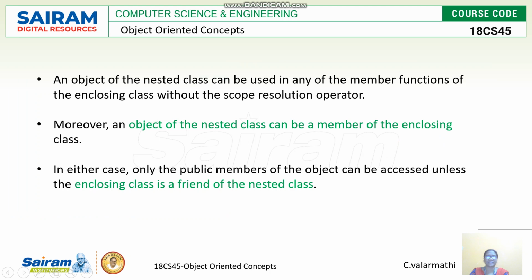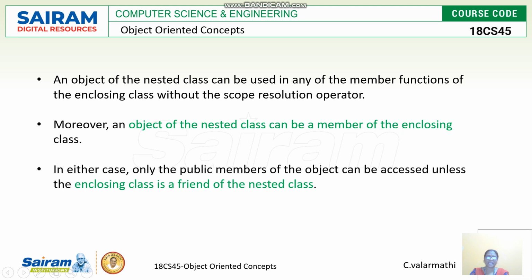So this is what is explained theoretically here. The object of a nested class can be used in any member of the enclosing class without the scope resolution. Right? Moreover, the object of a nested class can be a member of the enclosing class. That is true.